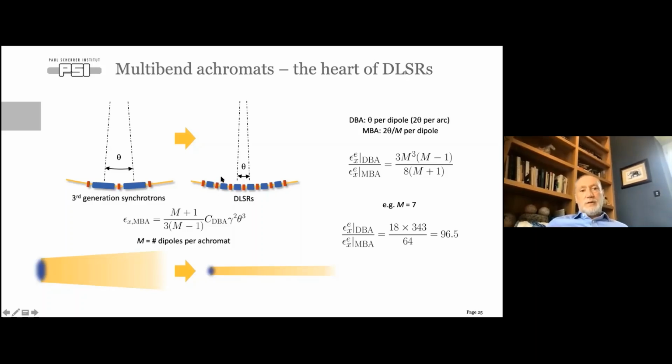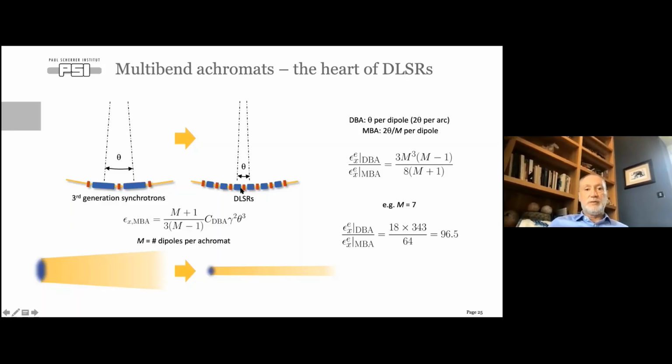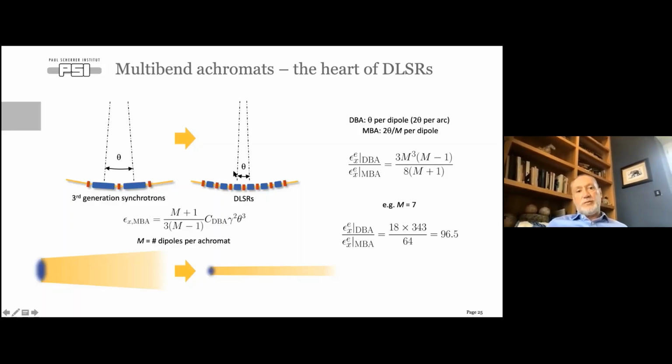The whole concept behind DLSRs is to break up the same arc length into much smaller segments of bending magnets, where there are multiple bending magnets. In this case, I have shown just 6, but 7 is a more typical number. And as a result, the angle subtended by any one of these bending magnets is smaller.